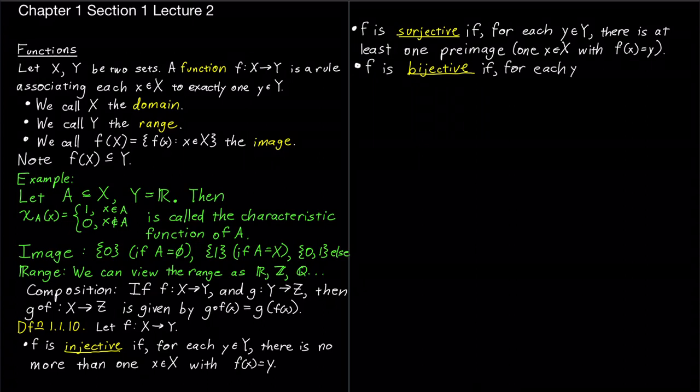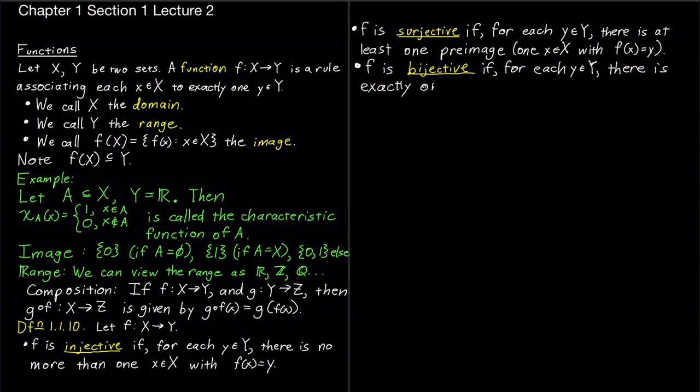For each y in Y, there is exactly one x in X with f of x equaling y.